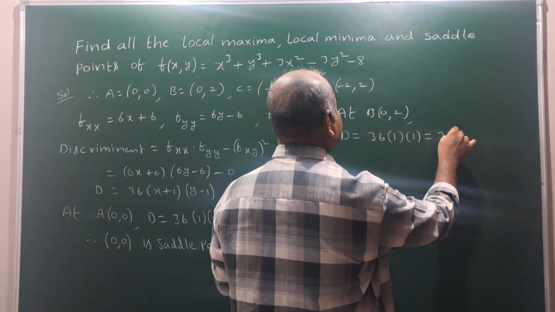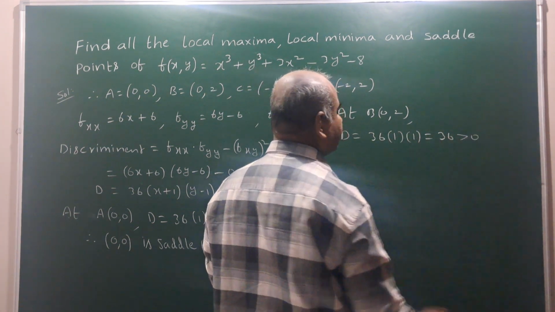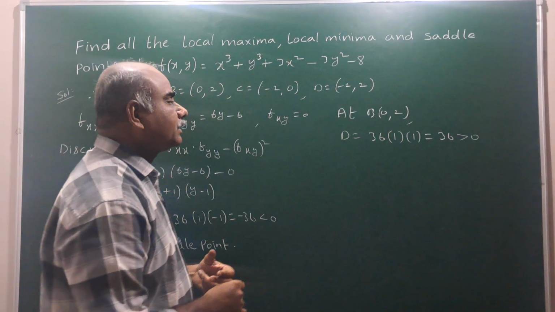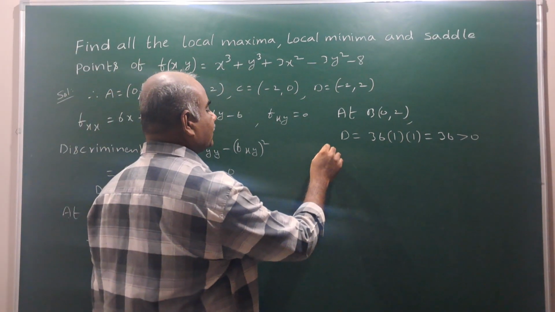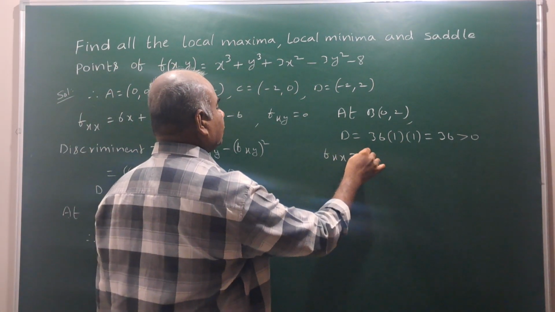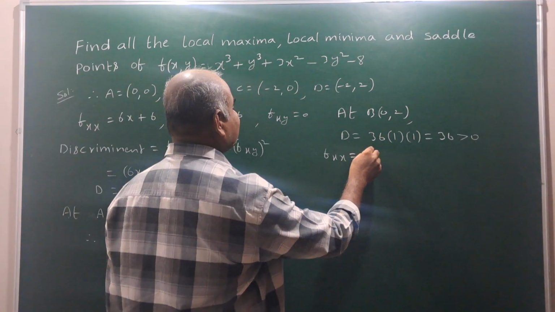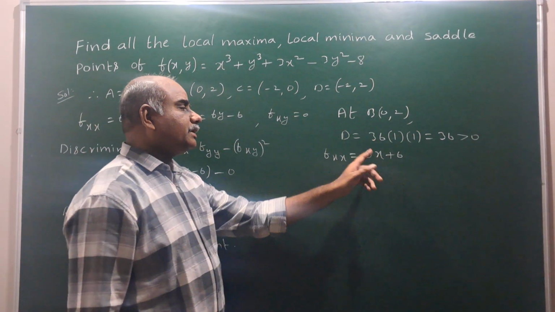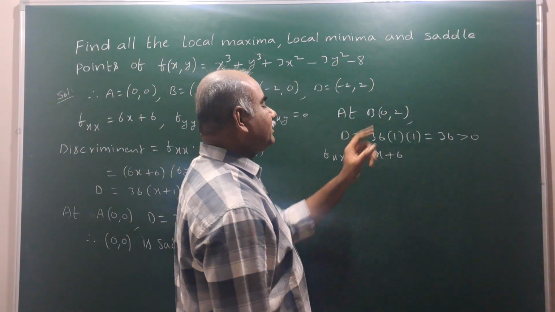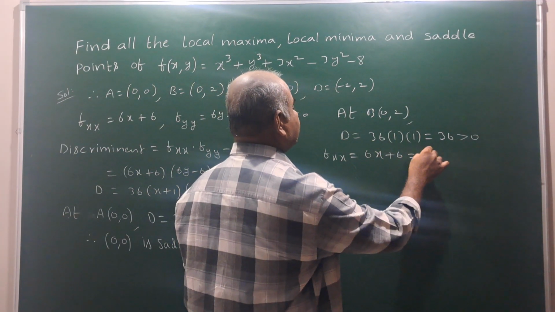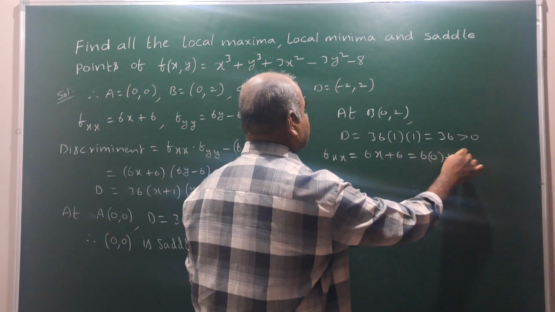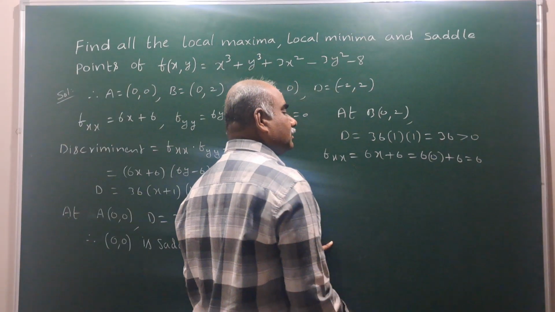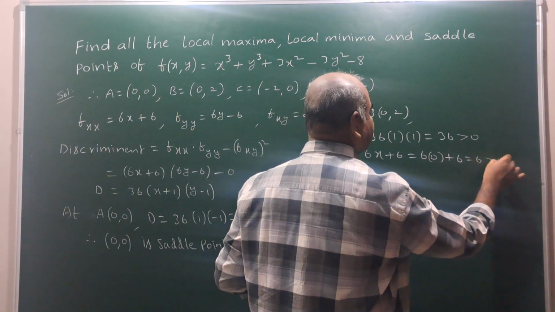So 36 into 1, so 36, which is greater than 0. Next we have to find fxx. fxx means 6x + 6. Substituting this point, 6 into 0 plus 6, so this is equal to 6, which is greater than 0.